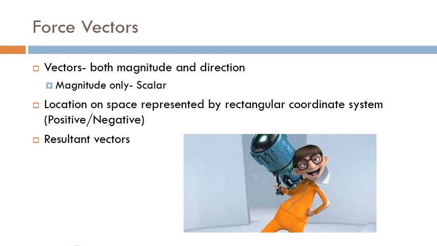In other words, will there be just added force going in one direction, or, based upon where the two vectors act, will there be another resultant vector going in a different direction? We're going to discuss this over the next couple of slides so you can see how this is applied.